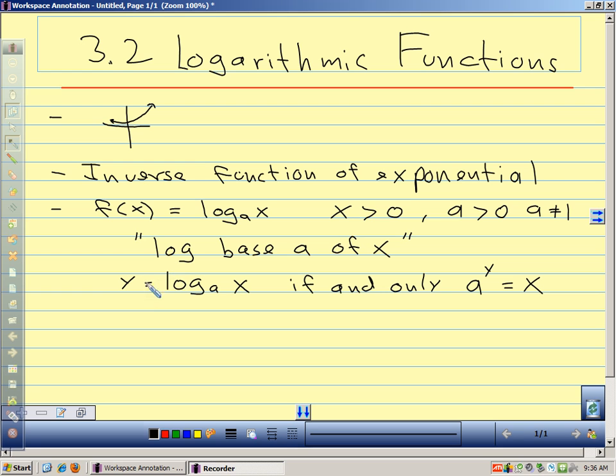So this is how they undo each other. The log to the base a of x is y tells us that a to the power of y equals x.